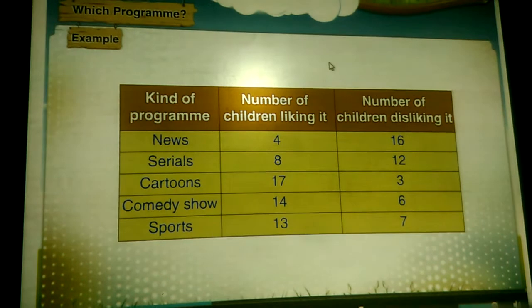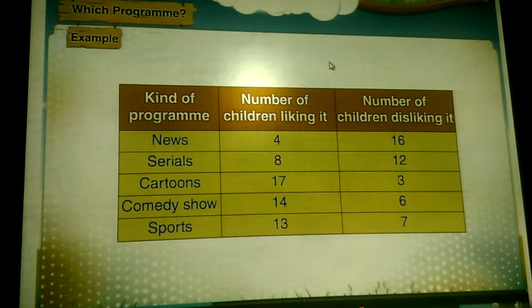Example. The information about the programs liked and disliked by 20 children is gathered and presented here in a table. Observe the table and answer the questions. News program is liked by 4 children and disliked by 16 children.